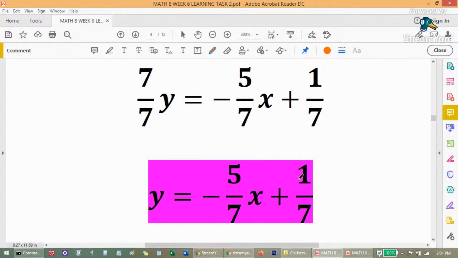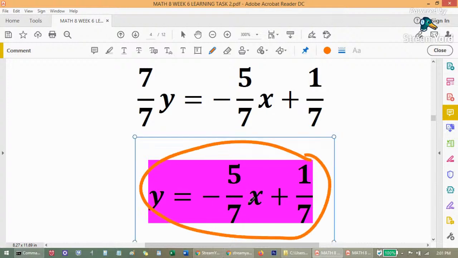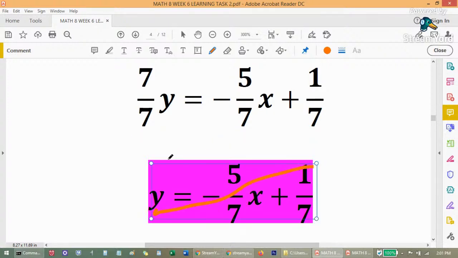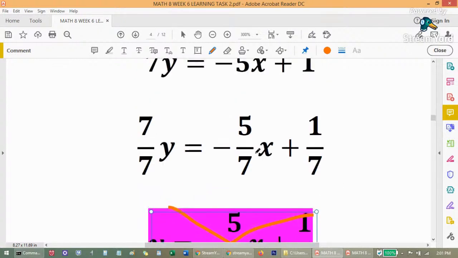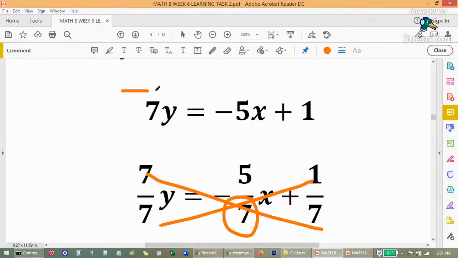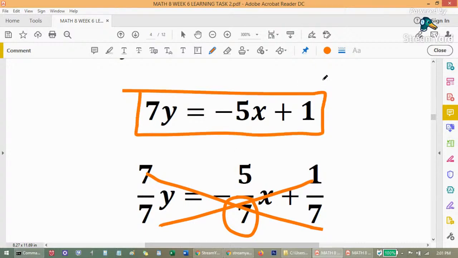Ano yung pinakahuling equation na walang fraction? So ito, may fraction. So hindi ito ang kukunin natin. Ito may fraction. Hindi rin ito kukunin natin. So ito yung pinakahuling equation na single line.